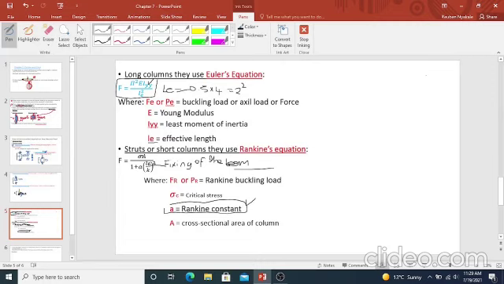Now on Rankine, this is the formula that we'll be using to determine the buckling load or buckling force. What will indicate in most cases that you have to use Rankine is the constant ratio. If in the given equation you see the Rankine ratio there, you know that you have to use Rankine.